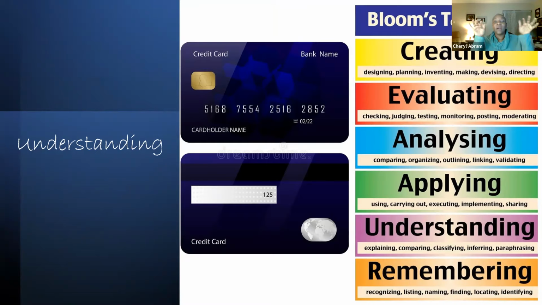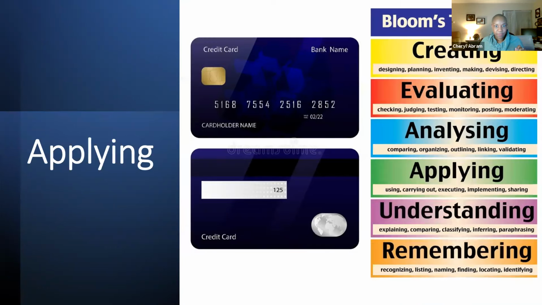Let me give you a little more context. Now that you understand, it's the 3-digit number on the back of a credit card, all right? Now, it's your credit card. I just gave you a little more context. Now you can apply, you can absolutely 100% apply that 125 and use it to do something, okay?